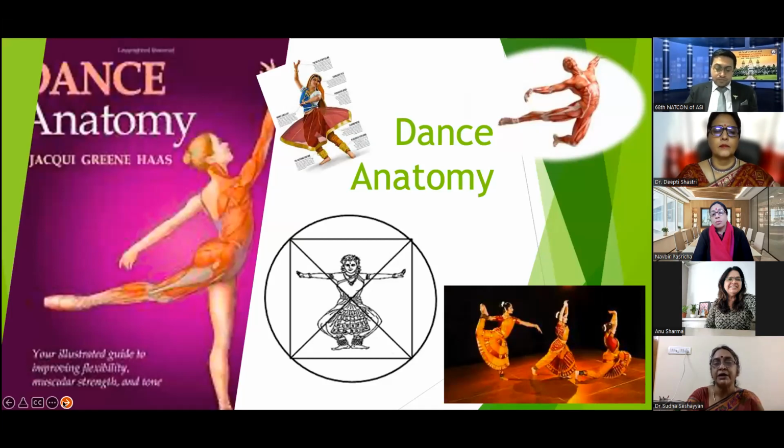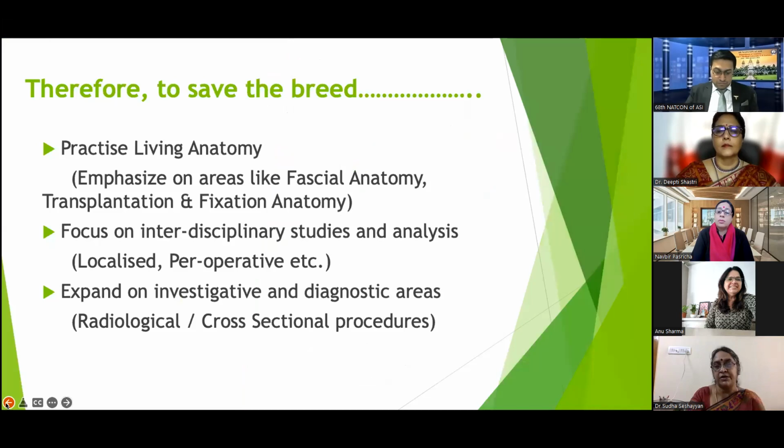What is the kinematics in the Aramandi and the Murumandi of Bharatanatyam? What is the kinematics in the Kathak postures? These are all areas where anatomists can explore so much and make interdisciplinary work possible. These are just examples. I'm not giving you an exhaustive list. I'm just pinpointing small examples where we can start working.